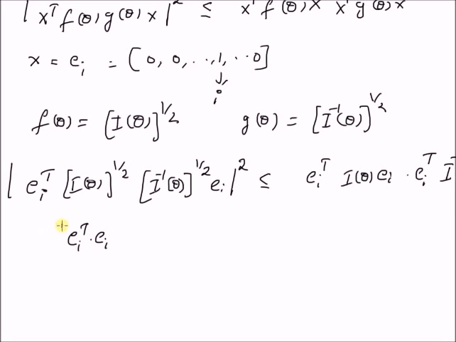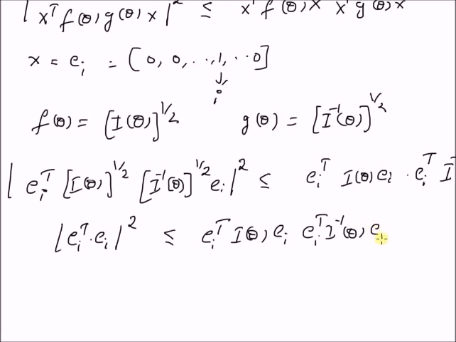Therefore we have ei transpose into ei, squared, is less than or equal to ei transpose I of theta, that is the Fisher information matrix, into ei, and then we also have ei transpose I inverse theta ei.